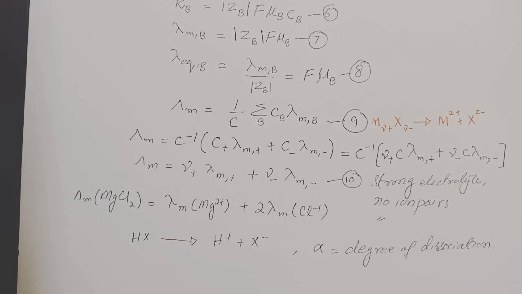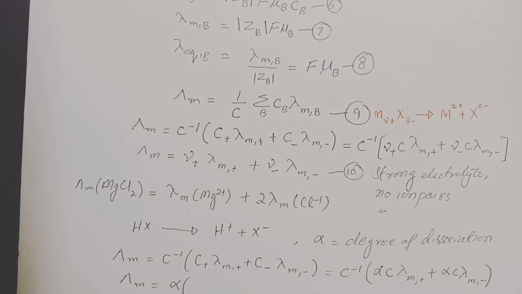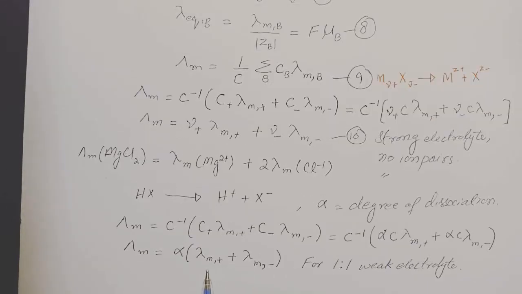For this kind of weak acid we can rewrite equation number 10 as the molar conductivities of the positively charged and negatively charged dissociated ionic species multiplied by the degree of dissociation, and the total molar conductivity is less than the molar conductivity of respective ionic species by a factor of alpha, that is the degree of dissociation. And this equation holds good for the 1:1 weak electrolyte, that is for example given here.